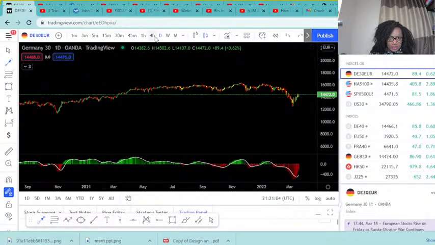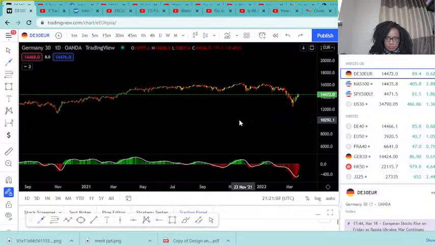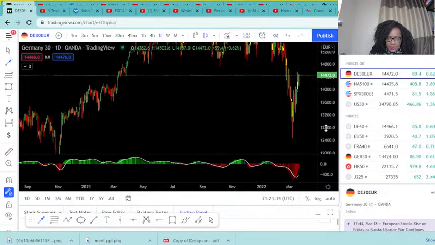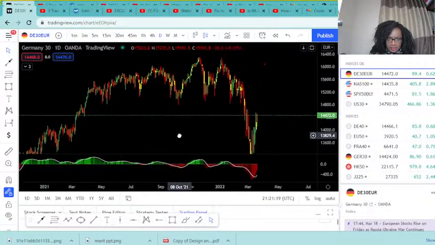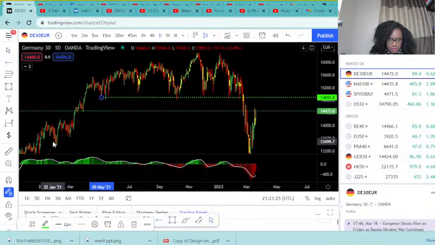So when we look at the daily bias, if I'm able to very quickly identify certain key zones and points of interest, we can begin to understand this chart.